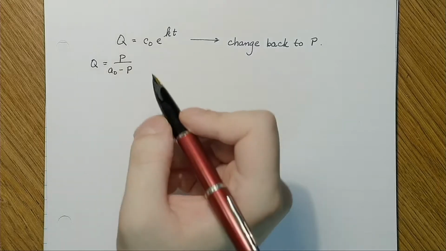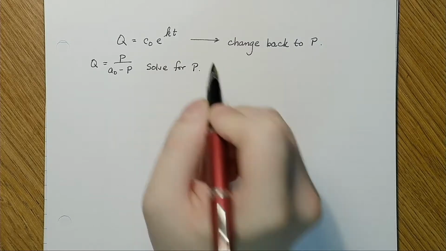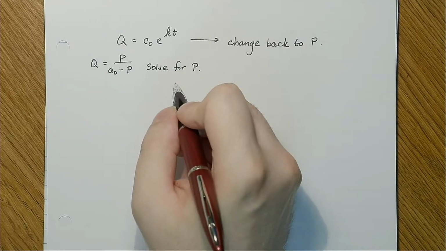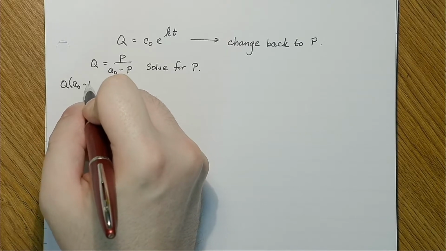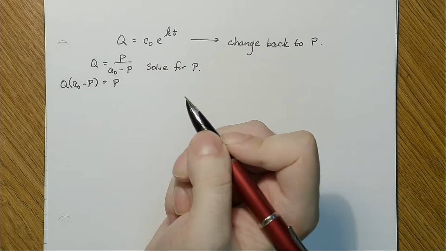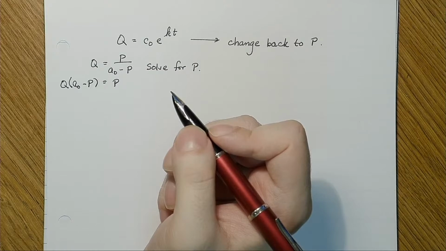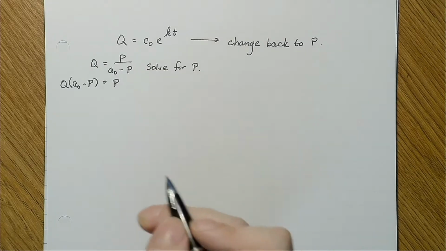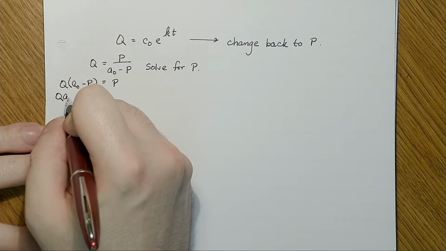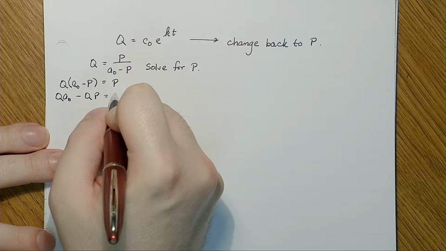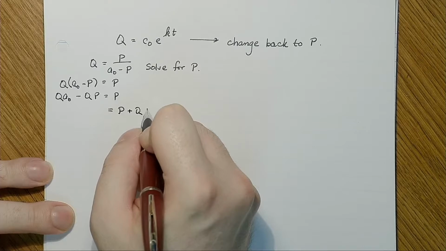So the way that we can do that is we have to solve for p for this one. So I can rewrite this. I can have q times a naught minus p, sorry. Okay, and I have q a naught minus qp equals p, and I'm just solving for it.